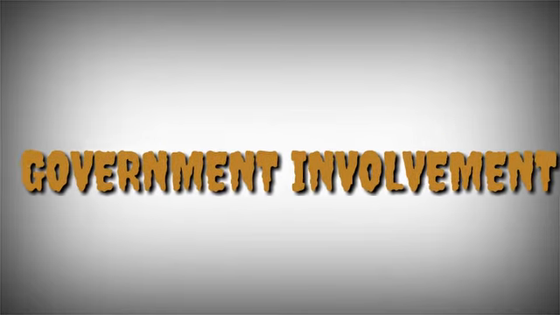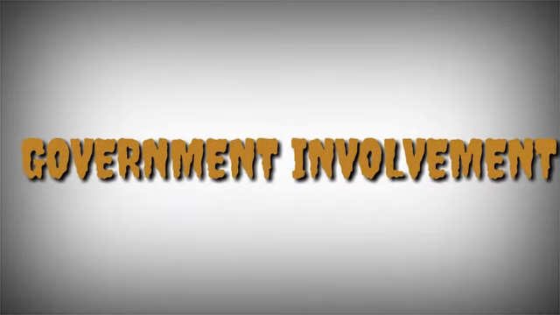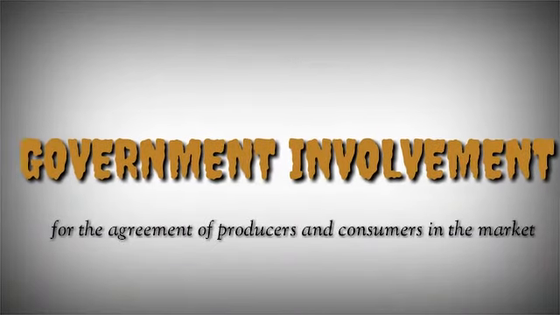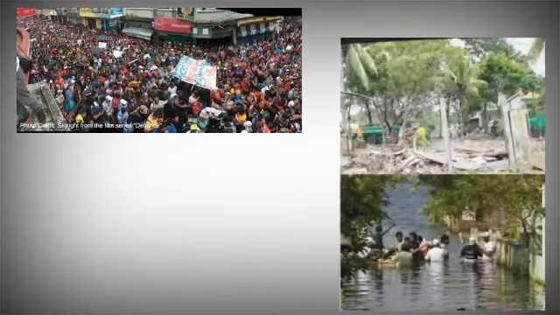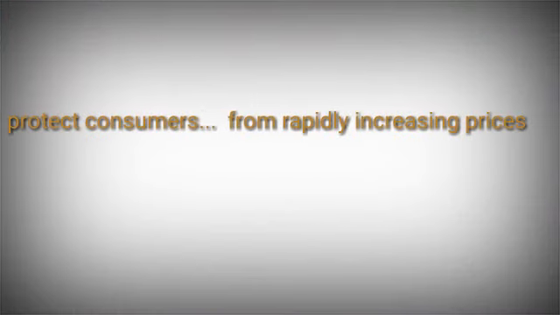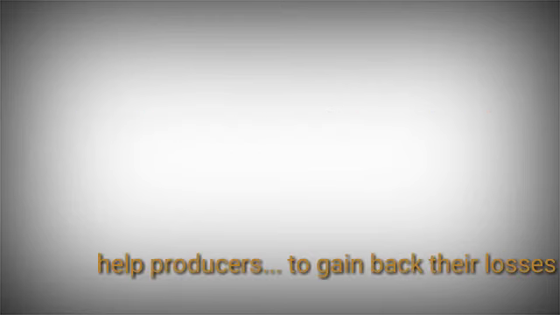Moreover, there are times that we need the government involvement. They serve as a mediator for the agreement of consumers and producers in the market. During crisis times, emergencies, or wars, the government wants to protect the consumers from rapidly increasing prices, while after the catastrophe, the government wants to help the producers to gain back their losses.